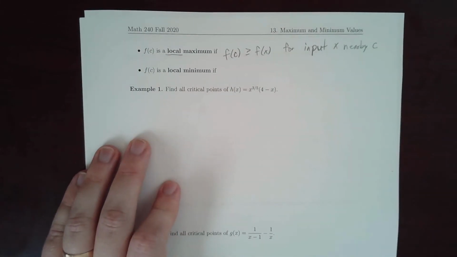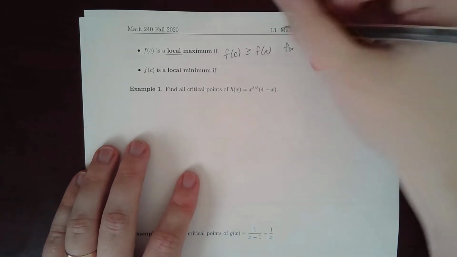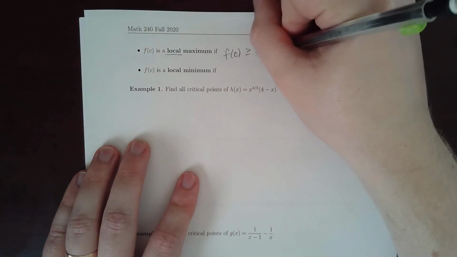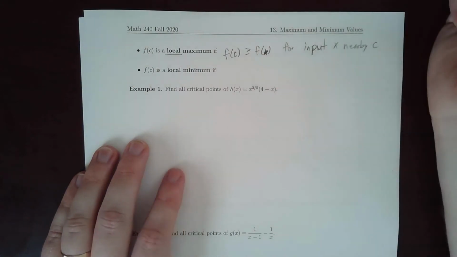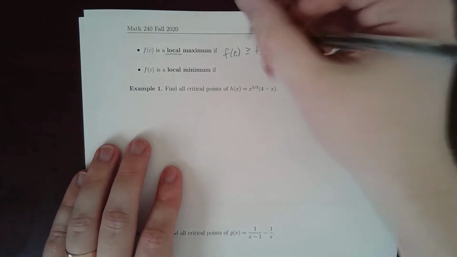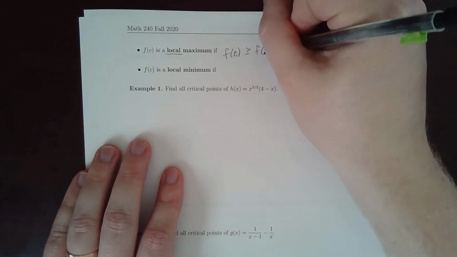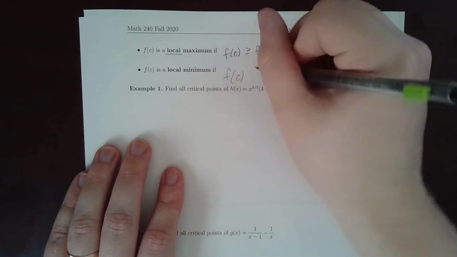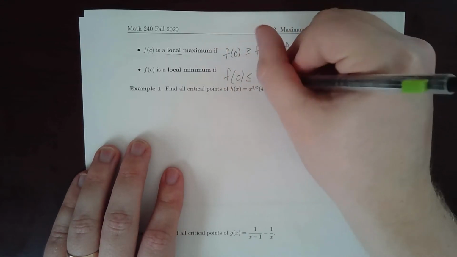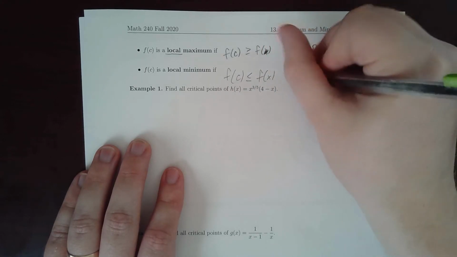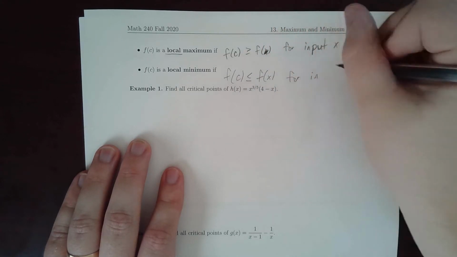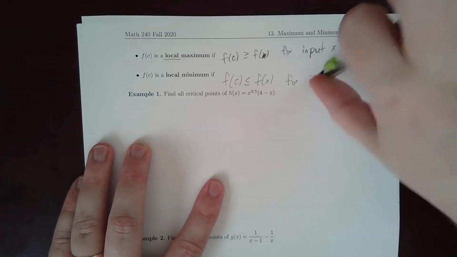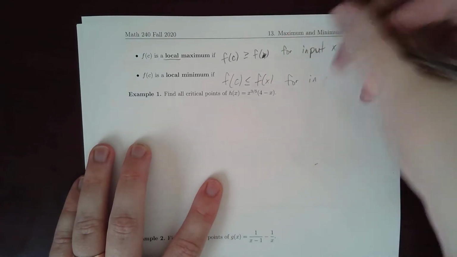So in other words, if it's higher than all the things around that part of the function, then it would be considered a local max. Whereas a local minimum would be if we had some f of c that was less than or equal to f of x for input x values that were nearby c.